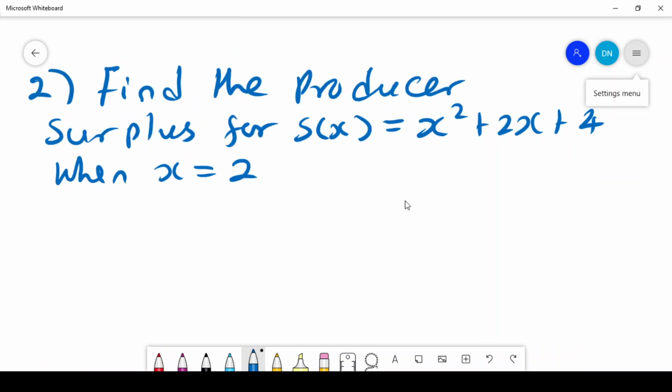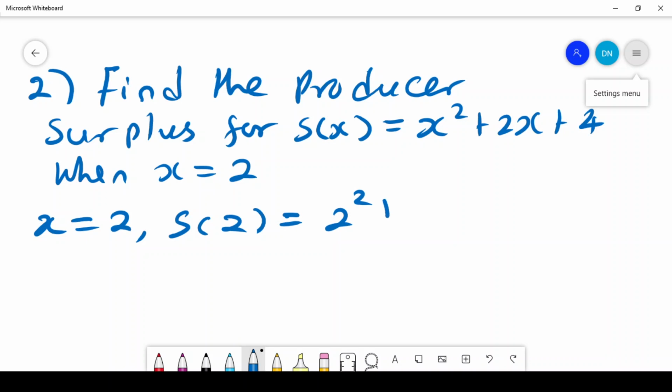Our second question is we want to find the producer surplus for S(x) equal to x squared plus 2x plus 4 when x is equal to 2. So what do we know? At x equal to 2, S(2) will be equal to 2 squared plus 2 times 2 plus 4, which is equal to 12.